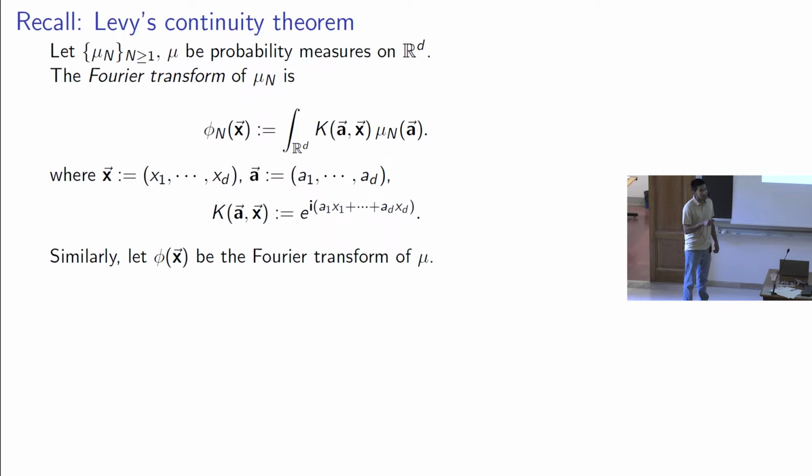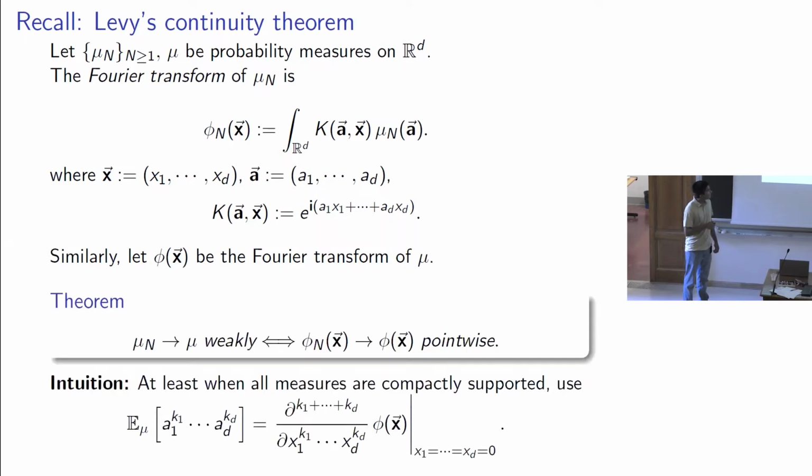So D-dimensional Euclidean space. Then the Fourier transform is a function on R to the D, and it's given by this integral, right? So you integrate this exponential with respect to one set of variables that I'm calling a here, okay? So let's say that phi n is the Fourier transform of mu n, and phi is the Fourier transform of mu, okay?